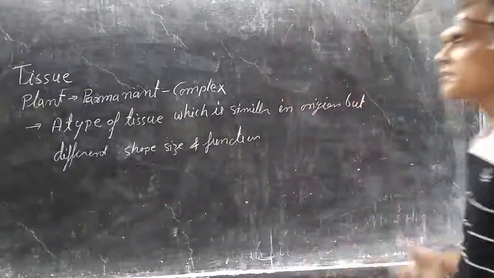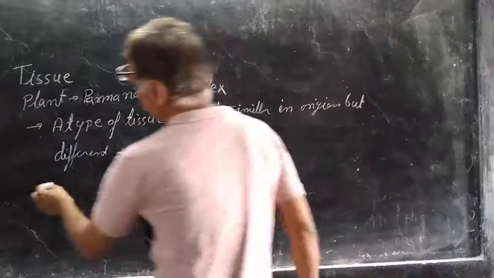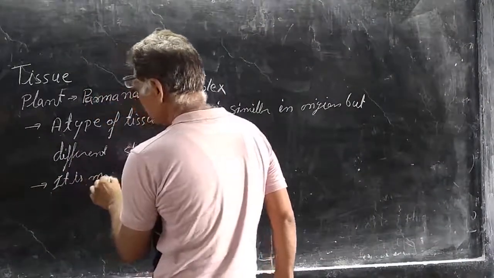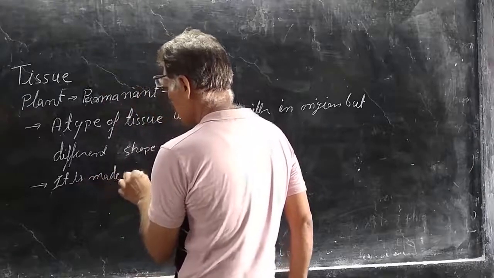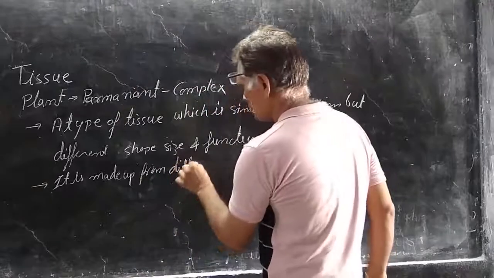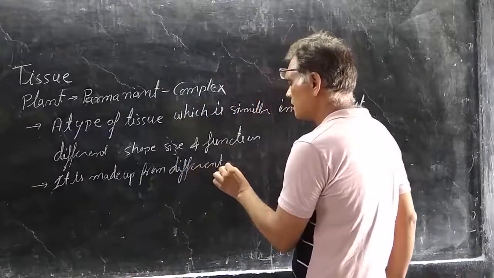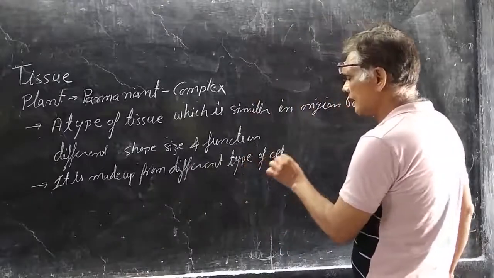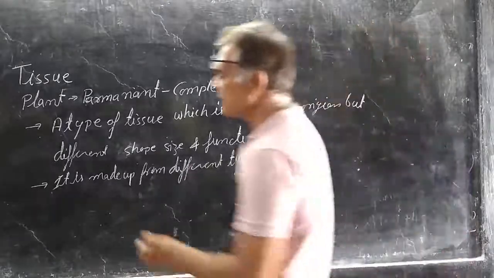It is made up of different types of cells. It is heterogeneous tissue.